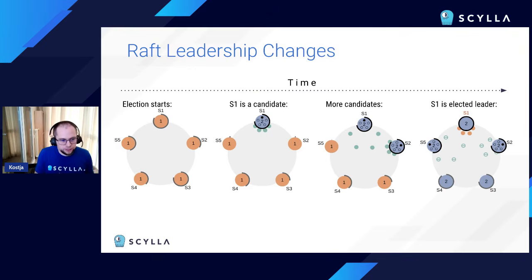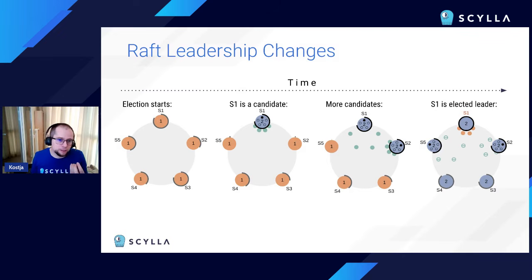And it tries to collect the votes from all other members of the cluster. In this illustration, you can see that our S1 eventually does become a leader. Most of the nodes, the required number of nodes, that's the majority, like in this 5-node cluster, 3 nodes, including S1, got to vote for S1, so it needs to collect 2 votes.